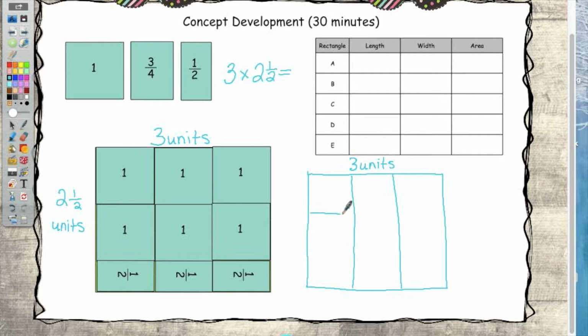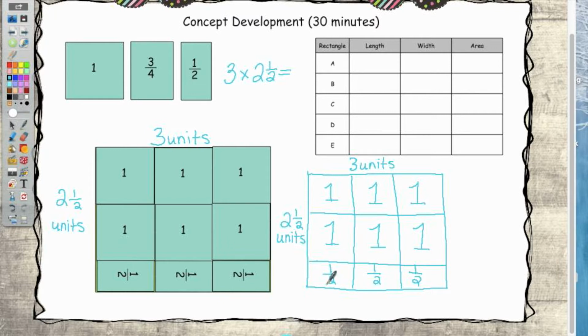And then I'm going to just kind of eyeball it. And this was 2.5. And labeling it, I watched the video this morning, and this is 1/2 square unit.